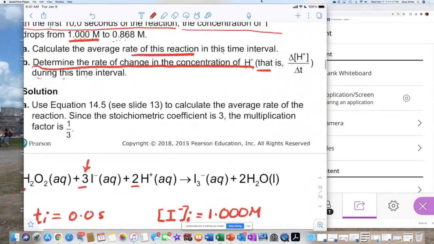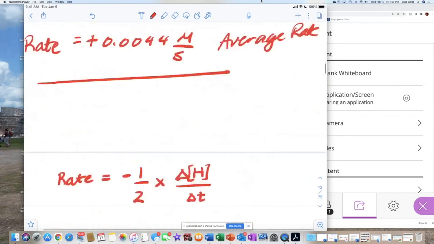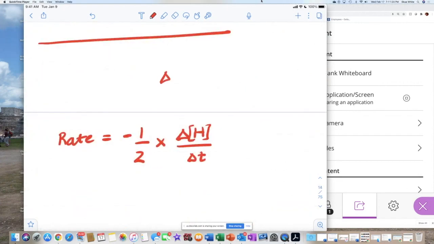What do they want us to figure out? Delta H concentration over change in time. Remember, delta H concentration over change in time is the same thing as rate of disappearance.